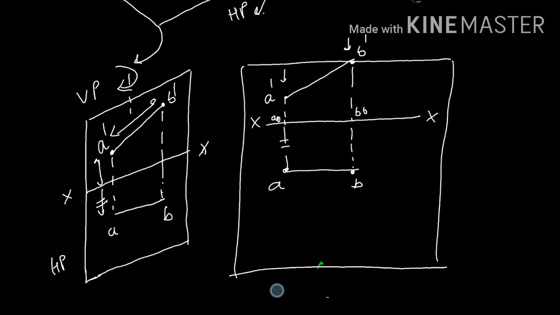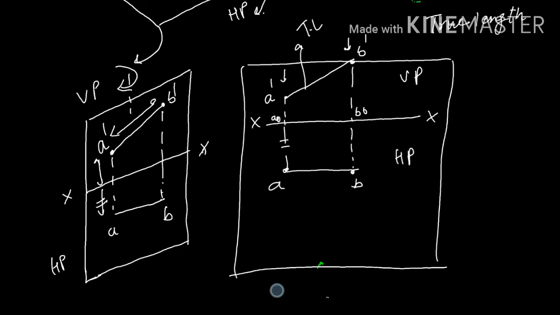Is it clear? Here just pay attention: this length is your true length. We get true length only if a line is parallel to a plane. In this case the line is parallel to VP, so we will get true length in VP.